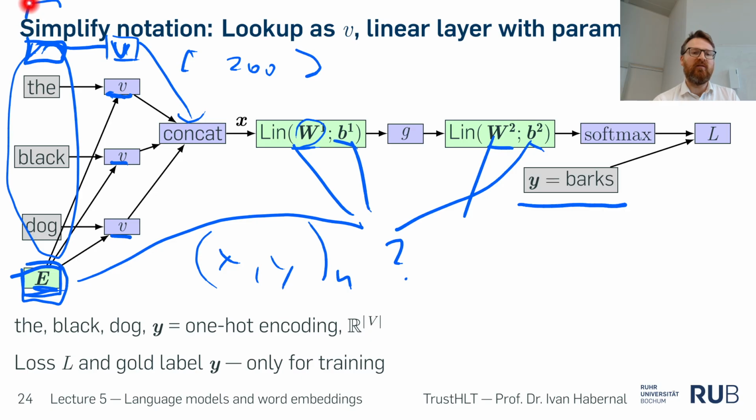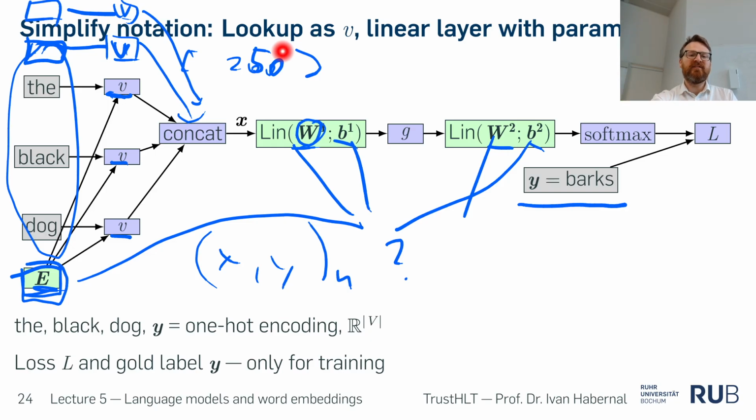But let's add another word. So another V and add it in here. So we're getting 250 now. So this is increasing, but you see the increase in the number of parameters is linear with respect to the context. If you think about the increase of parameters in the N-gram language model, it was exponential in a way. If you add 1 word to the context, you would multiply the number of parameters by the size of the vocabulary, like 50,000.